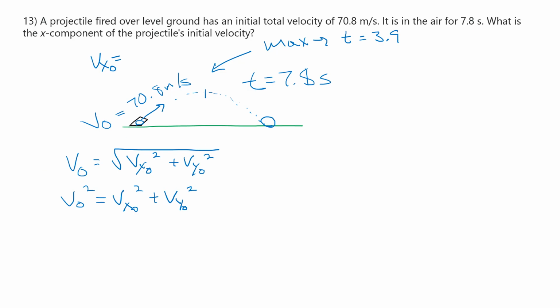So in order, the problem is, and also you could say that v sub x is equal to v initial times cosine of the angle theta. Unfortunately, we don't know the angle theta.